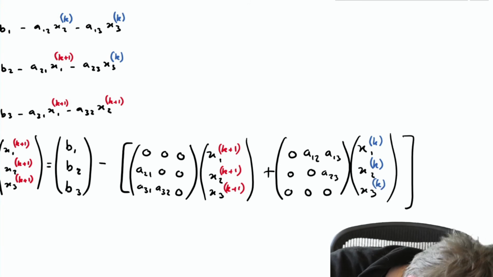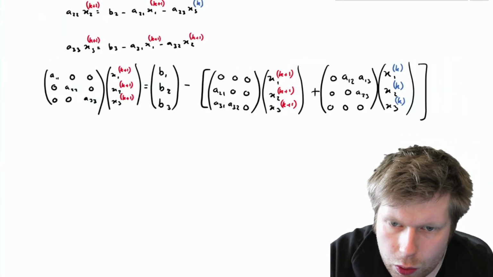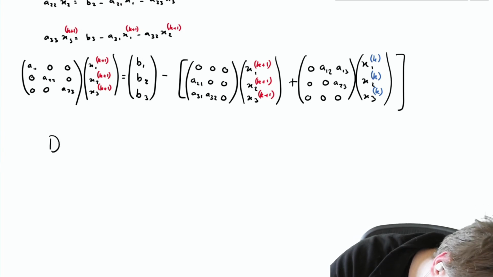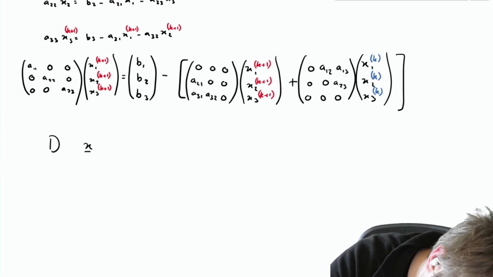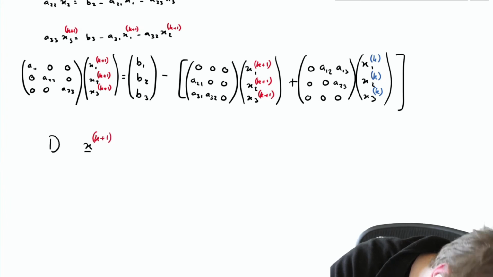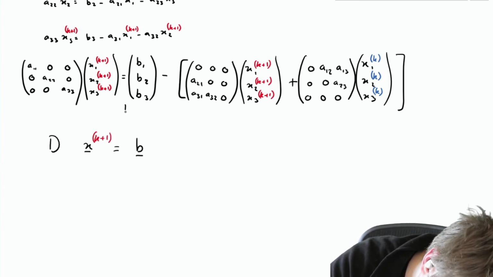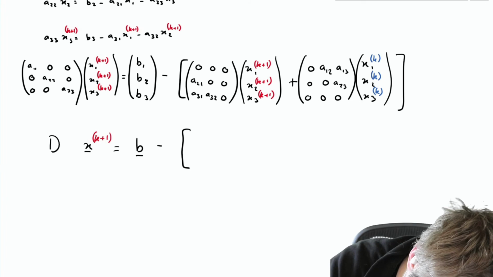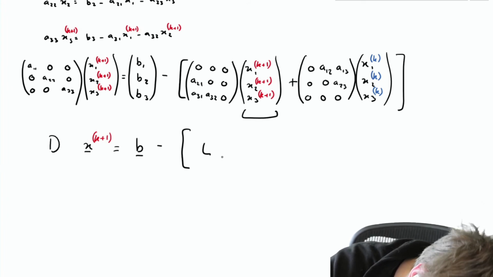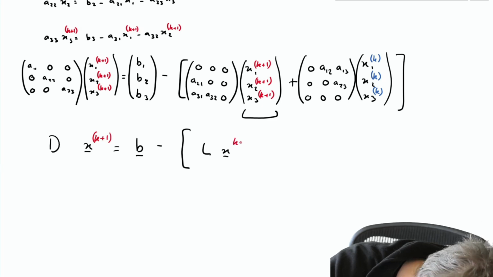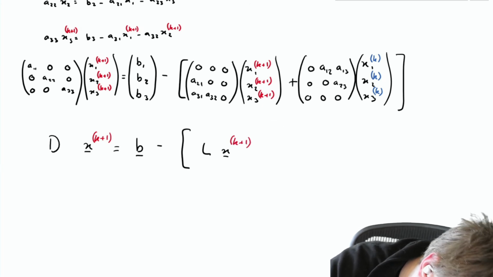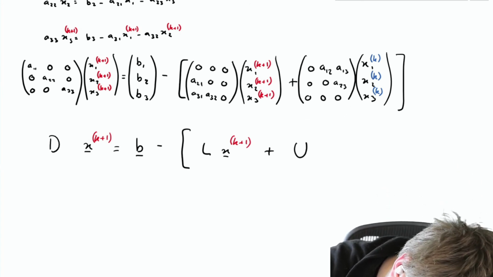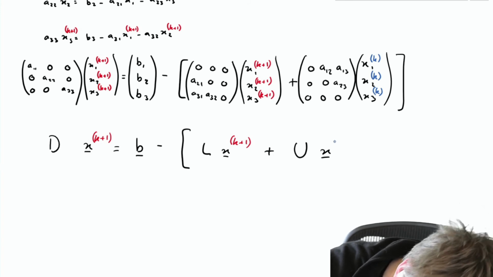Okay, so if we figure this out, what have we got? Well, again, we can write this matrix as the matrix D, just the diagonal matrix. I'm going to have D times my x values at the k+1th step, which should be equal to my vector of known values, B1, B2, B3, minus my lower triangular matrix, let's call that L, times my x values at the k+1th step, plus this, which I'm going to say is the U part of A, times my x values at the kth step.